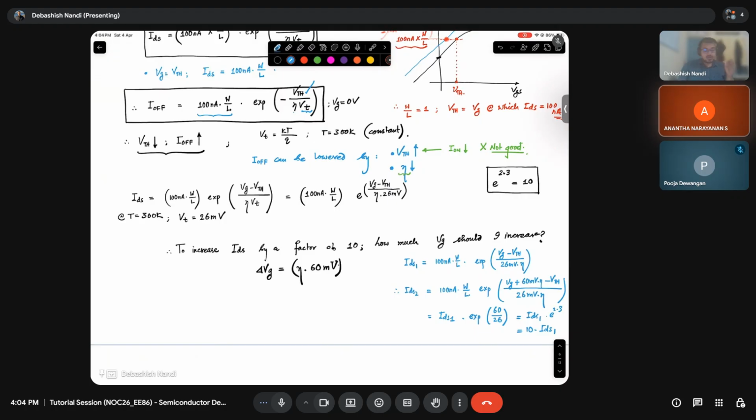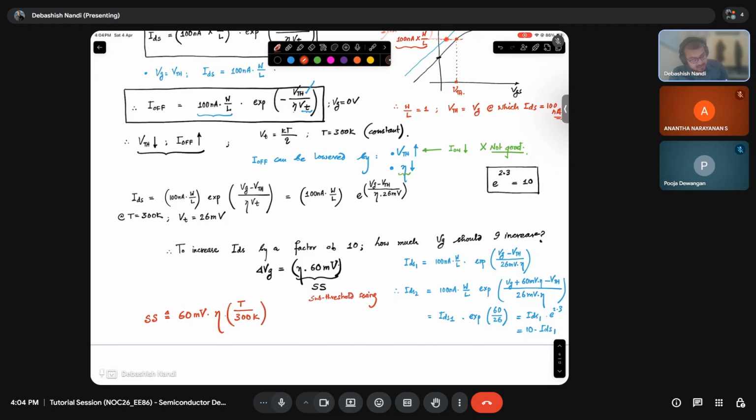Yes, sir. So this is called SS, subthreshold swing. This SS is defined as 60 millivolt times eta divided by T by 300. If I just normalize the temperature, it will give something like this.